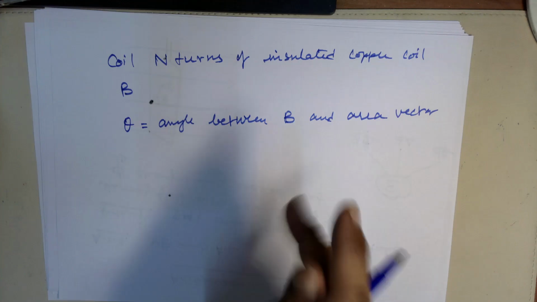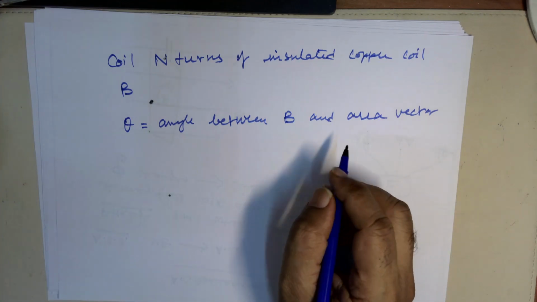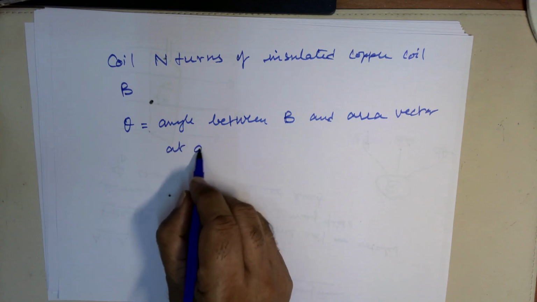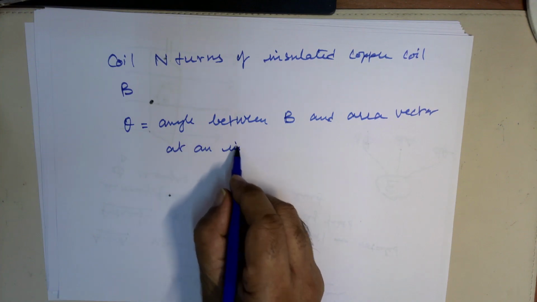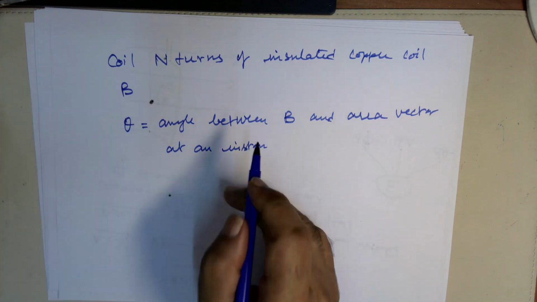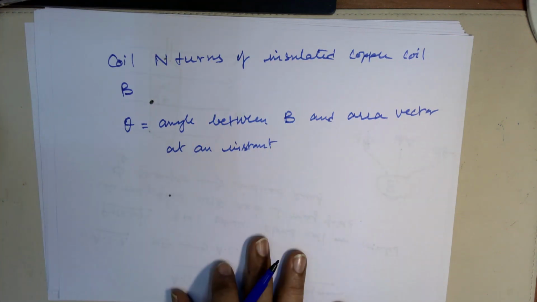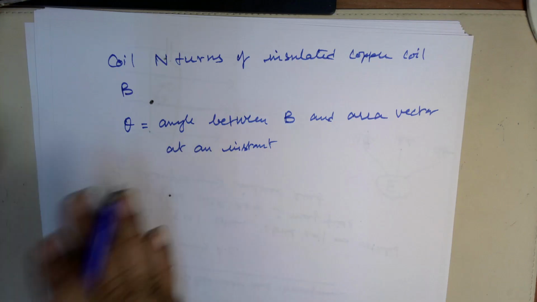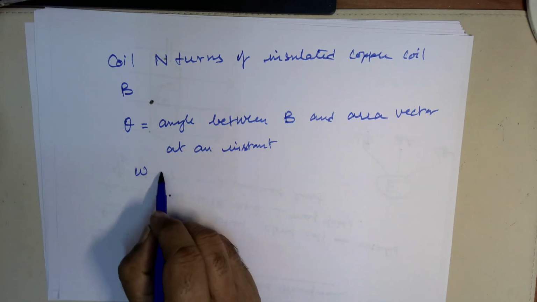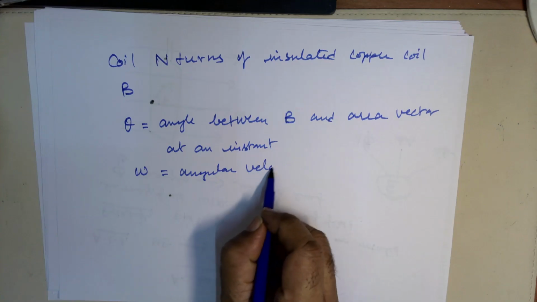The area vector is that normal at an instant, because that coil is rotating like this. So at an instant it is theta. The coil is rotating at a speed of omega. This is the angular velocity of the coil.